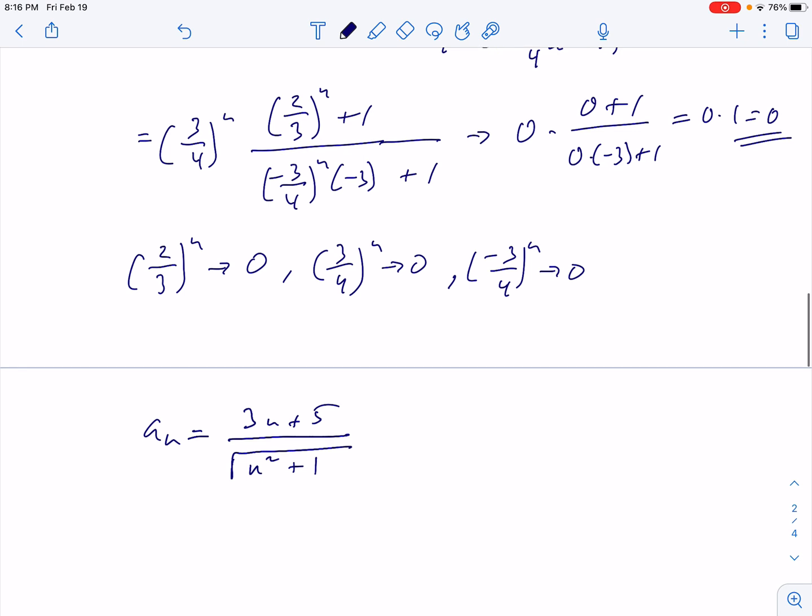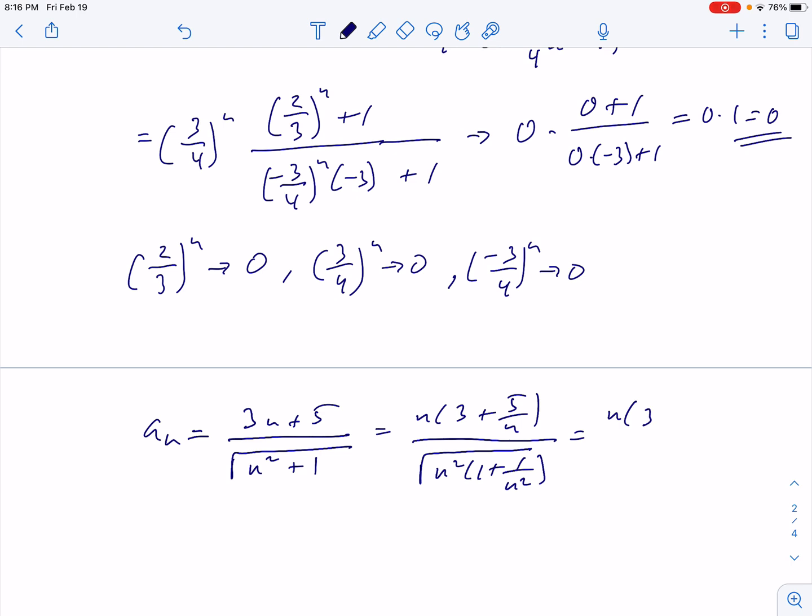On the top, the highest power is n, so it factors easily, like that. What will be the highest power in the denominator? Let's do this. We first factor n squared inside the radical, like that. Then we distribute the radical to n squared and to the rest.